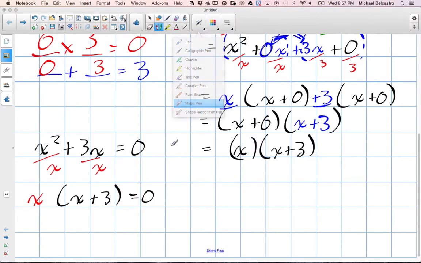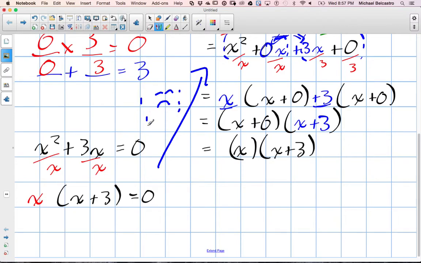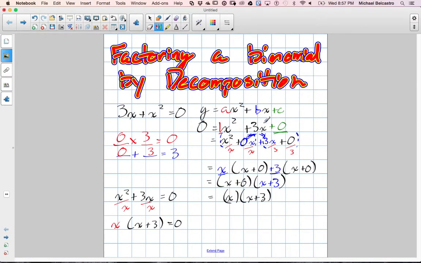So doing it through decomposition is just tiresome, so much work to do it that way. It's so much easier if we just do a common factor. But it can be done, it's just a little trickier, with a lot more mathematical thinking going on. So it's easier if we can just recall that we can factor it by common factoring rather than decomposition.